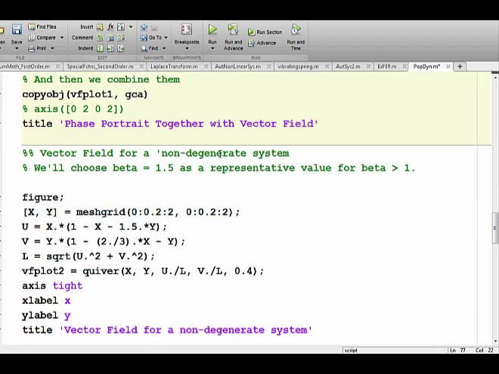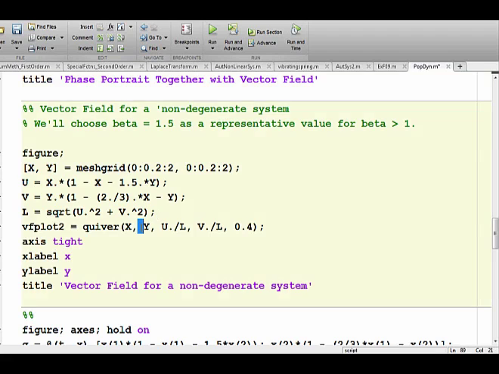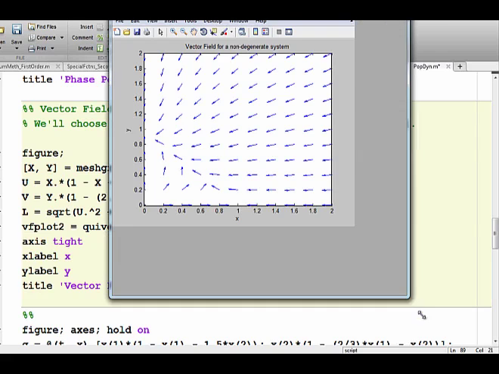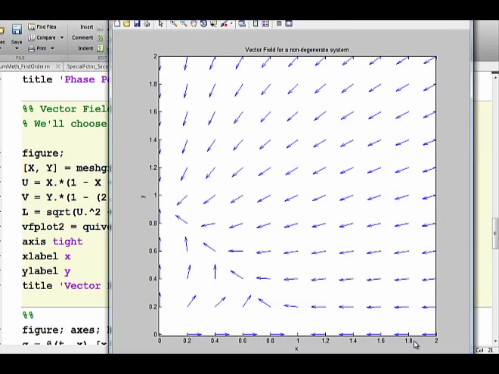So now let's look at a non-degenerate system, that is where beta is not equal to 1. And so I'm going to choose as a representative value beta equals 1.5. So first let's draw the direction field, vector field. And what's happening here? These curves are coming in and these are going out, and if you're on the x-axis, then of course this point right here is an asymptotically stable point.